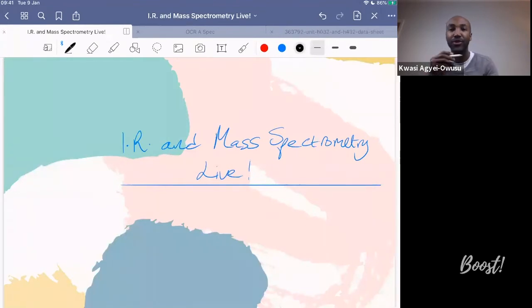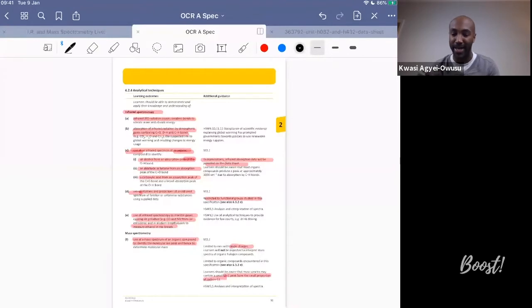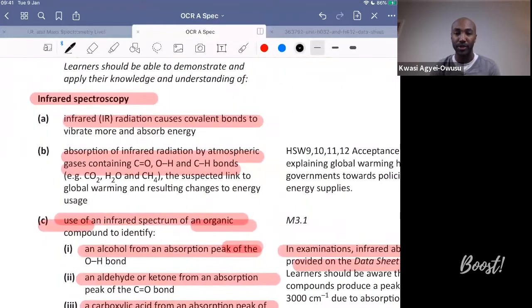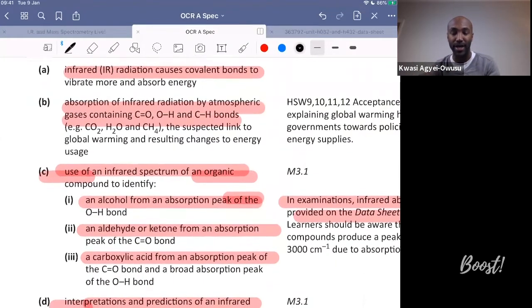The first thing I want us to take a quick look at is the OCR A spec, and if I make that a bit larger, there we go, you should be able to make out the infrared spectroscopy spec points. We need to know that infrared spectroscopy is used to identify different covalent bonds in a molecule, and some of those covalent bonds are shown here in the spec.